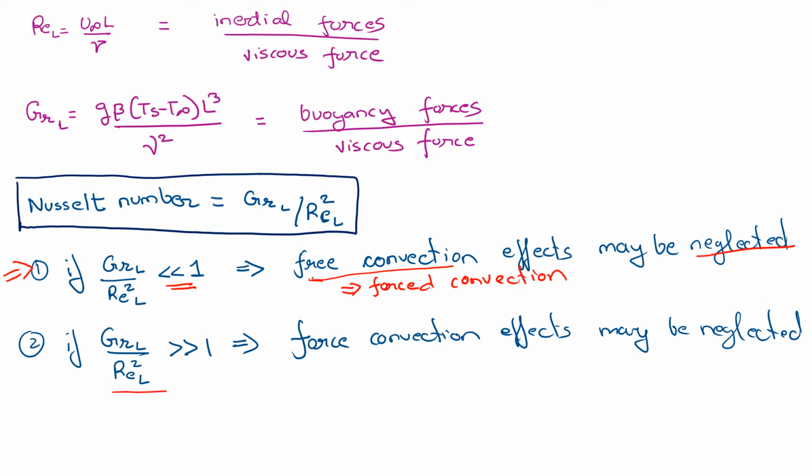But if it's the other way around, and the ratio of Grashof number to the Reynolds number square is a very huge number, that means your buoyancy forces are dominating compared to the inertial forces. So you can ignore forced convection, which is caused by those inertial forces, and you will have free convection in your system.